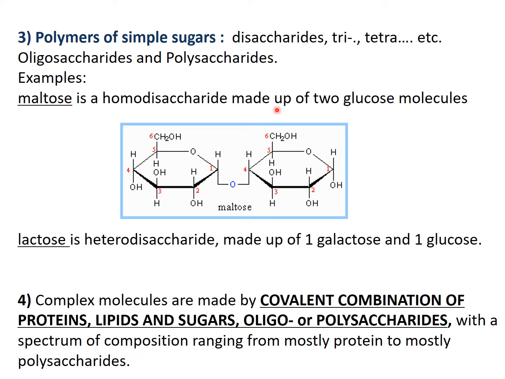Again, these polymers can be made of the same sugars or of different sugars and sugar derivatives. Please remember that these sugars, modified sugars, disaccharides, trisaccharides, oligo or polysaccharides can bind covalently to proteins and lipids. And this is how we form these very complex molecules in the human body.